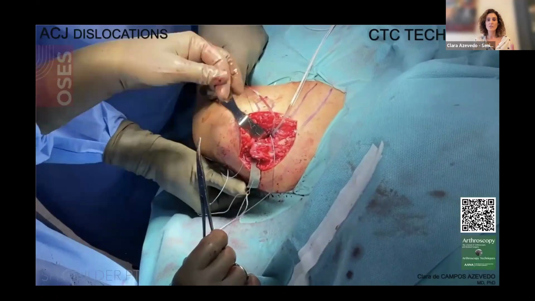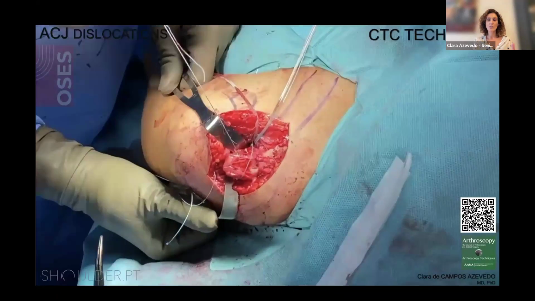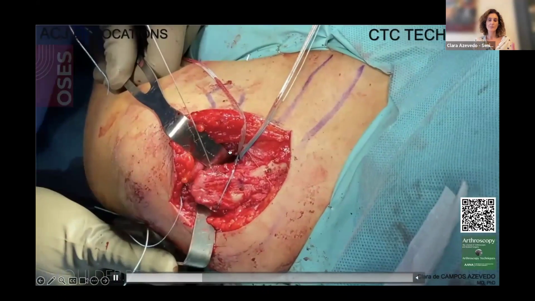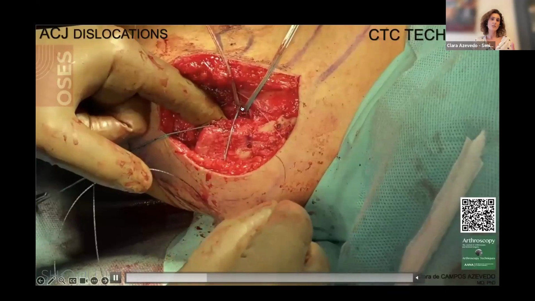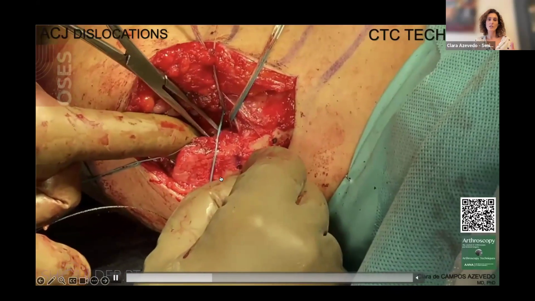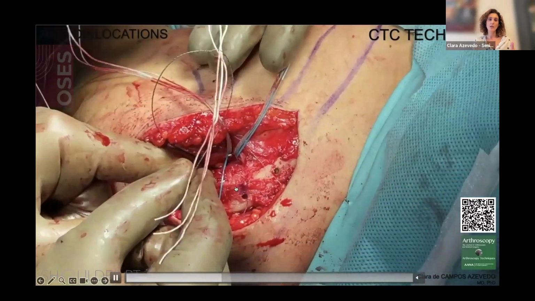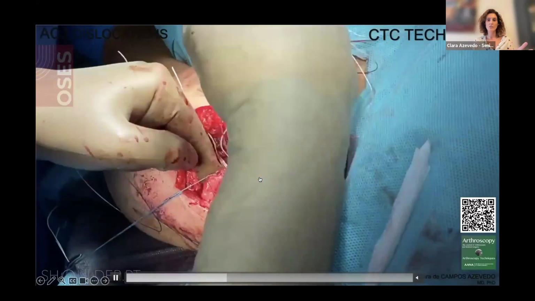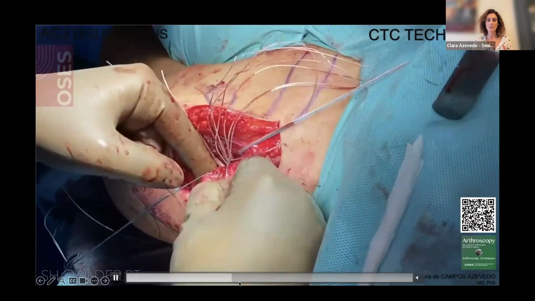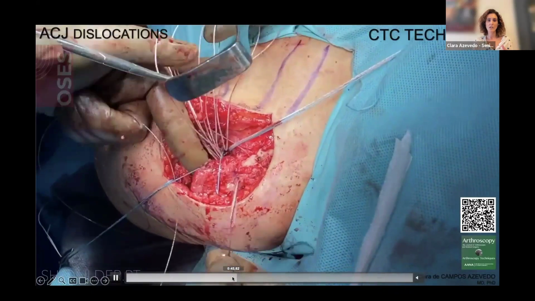And another advantage of this technique is that we can use these sutures from the anchors implanted on the coracoid to do this reduction of the clavicle to the acromion by placing the tunnels in this fashion, and you can see this technique in the Arthroscopy journal.